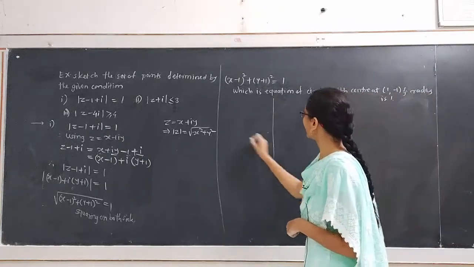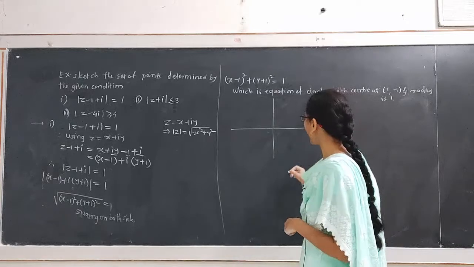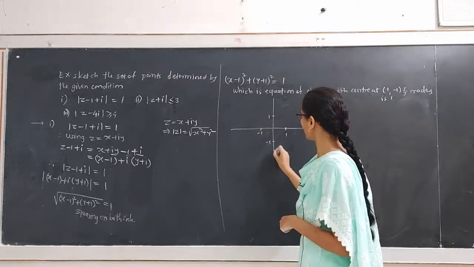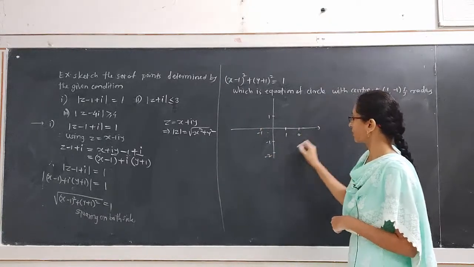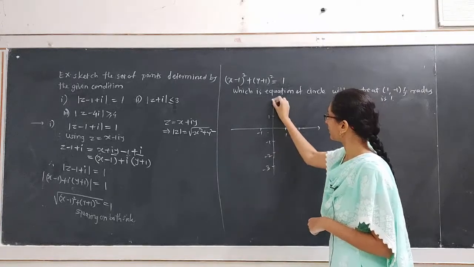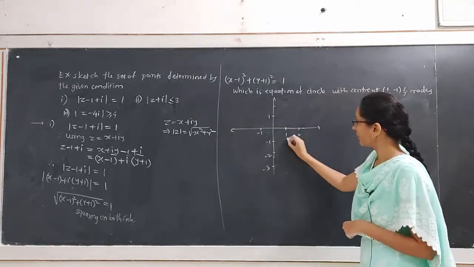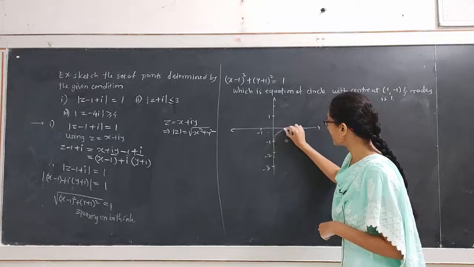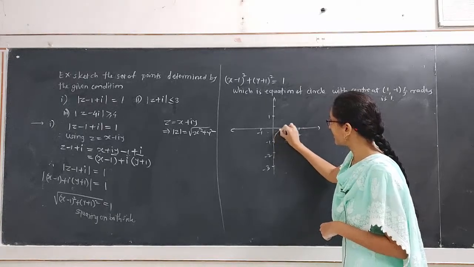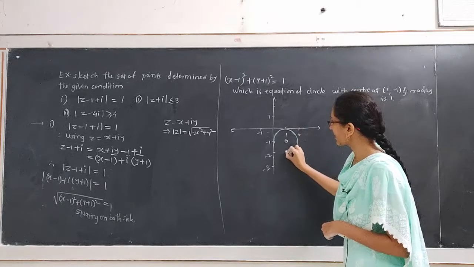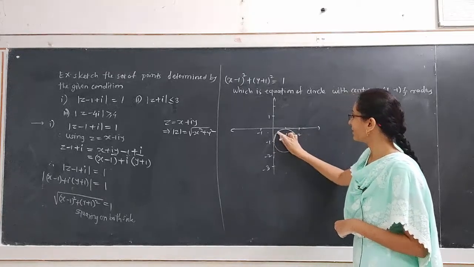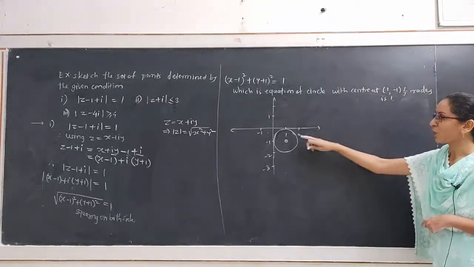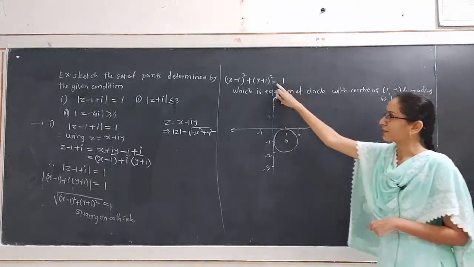If we draw that circle having center at the point 1, minus 1, is here, and the circle having center 1, minus 1 of radius 1 is the circle which is intersecting the x-axis and y-axis and lying in the fourth quadrant. This is the circle, the set of all points on the circle satisfying this equation.